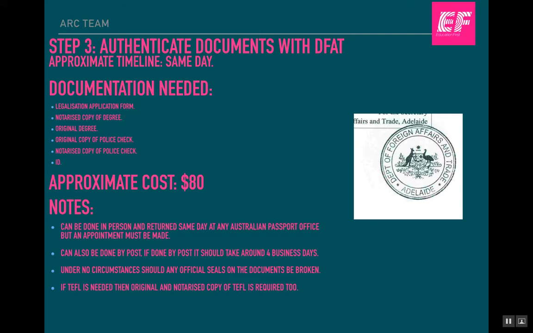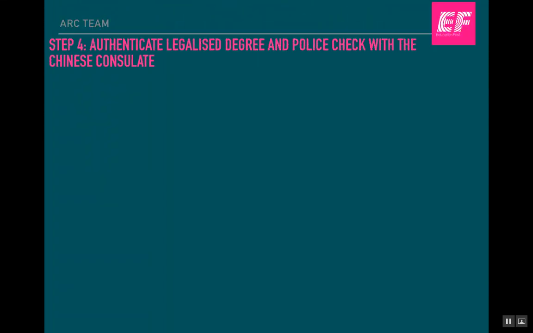But if you do it by post, it should take around 4 business days to send it, get it legalised, and then sent back to you. Under no circumstances should any of the official seals on the documents be broken when they return to you. And like I said before, if your TEFL needs to be authenticated as well, you do it at this step as well.